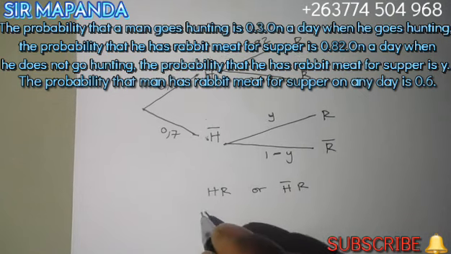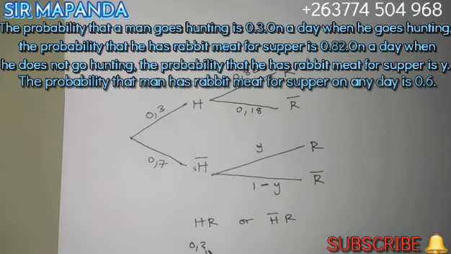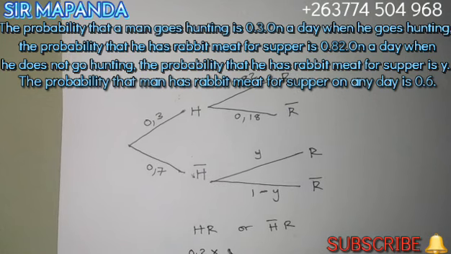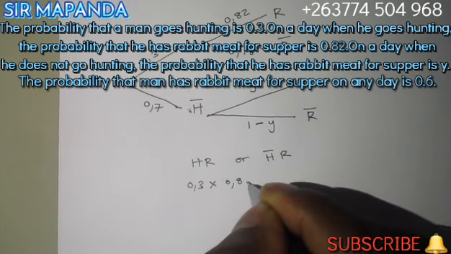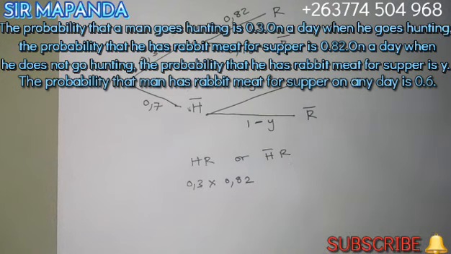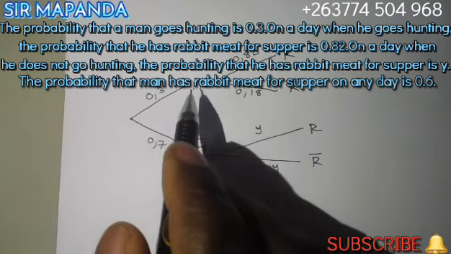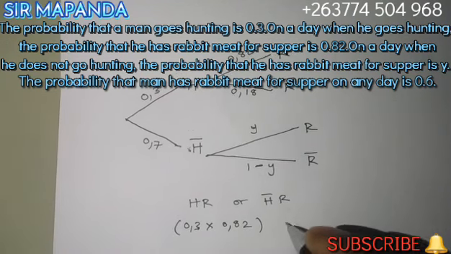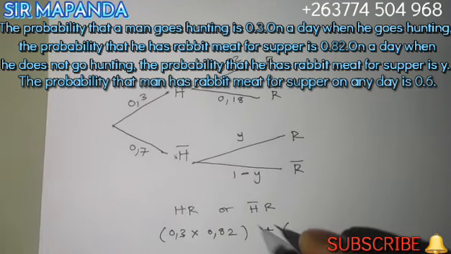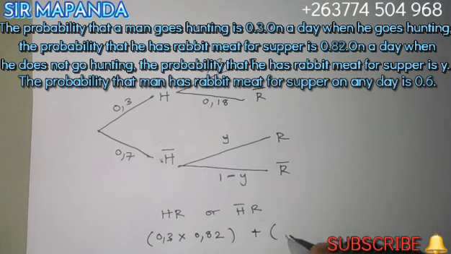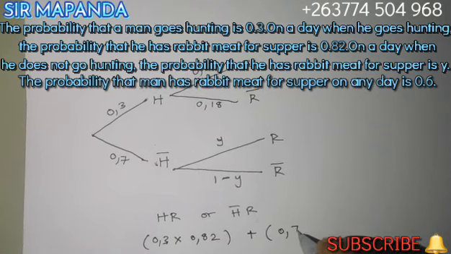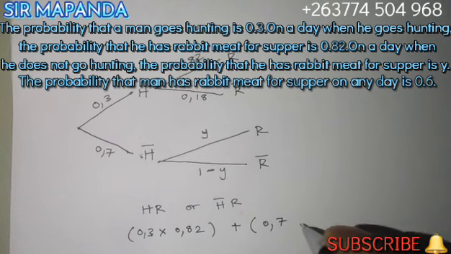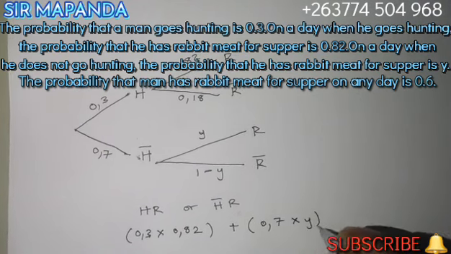So HR, you are taking 0.3 here, then you multiply by 0.82, which is the probability of having a rabbit meat supper when he goes hunting. Then for or, you put a plus. Then bar H, it means he does not go for hunting, which is 0.7. But still, he's going to have a rabbit meat supper. So you multiply with Y.